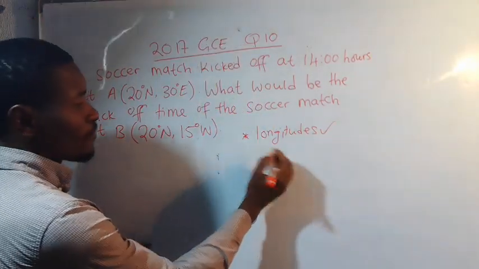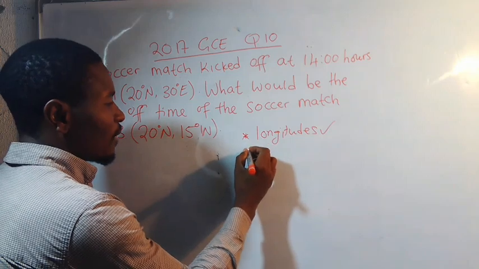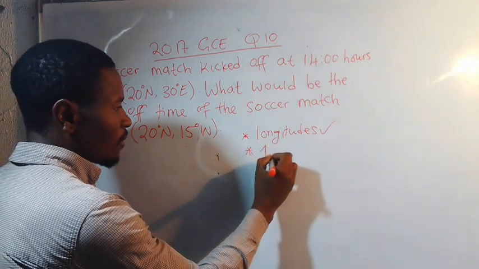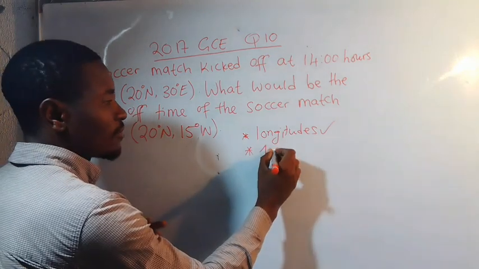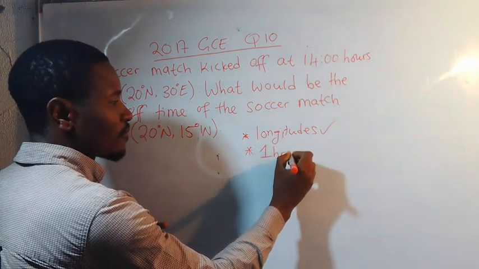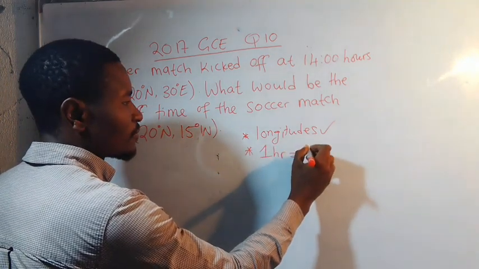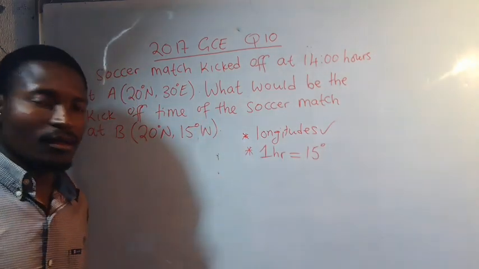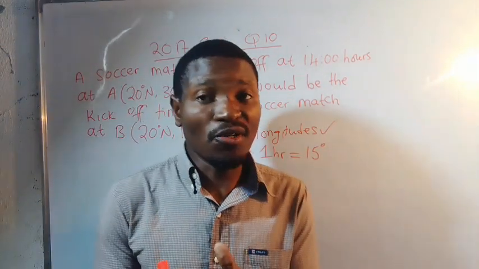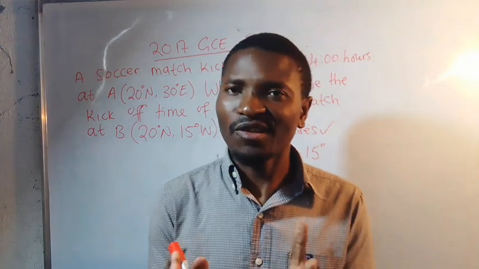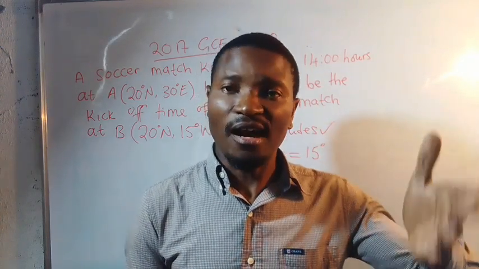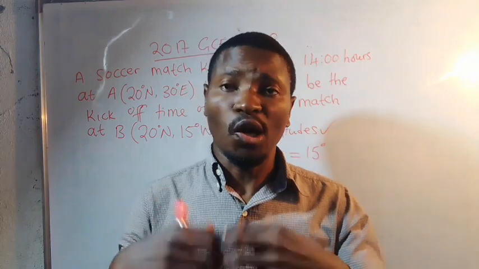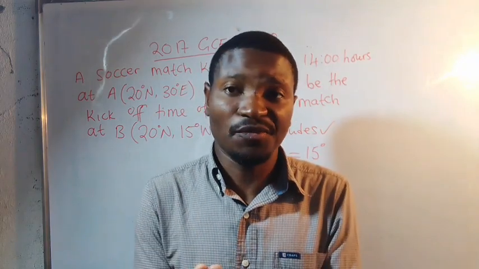So this implies that every after 1 hour, the Earth makes 15 degrees of rotation. This is the most powerful concept that you have to understand.